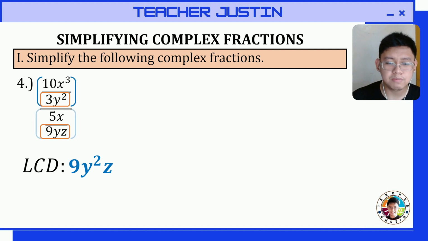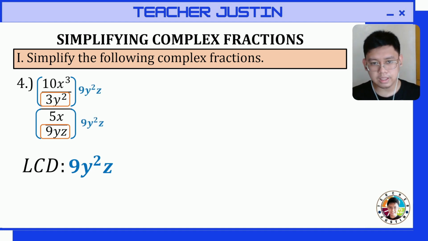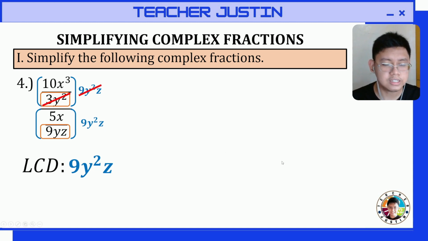Now, multiply natin both numerator and denominator by the least common denominator, 9y squared z. Okay, so let's simplify. We can cancel our denominator and 9y squared z, giving us 3z. Let's divide our LCD and our denominator, giving us y. Ayan.